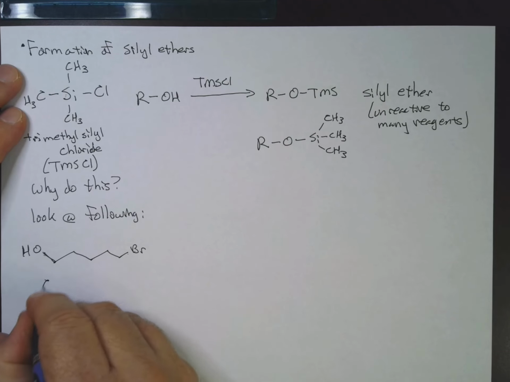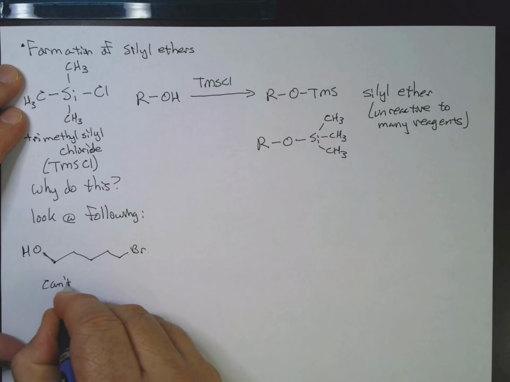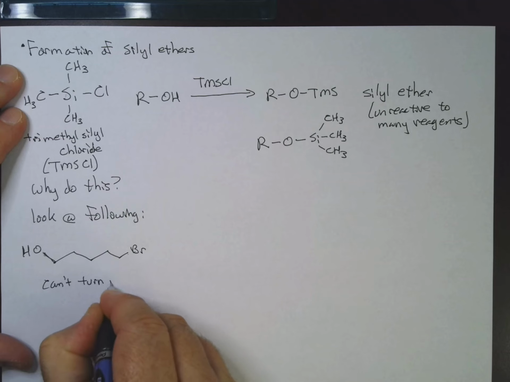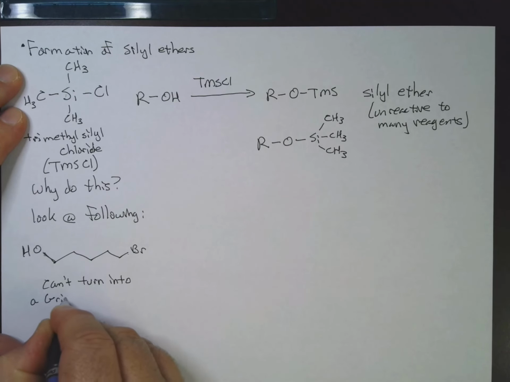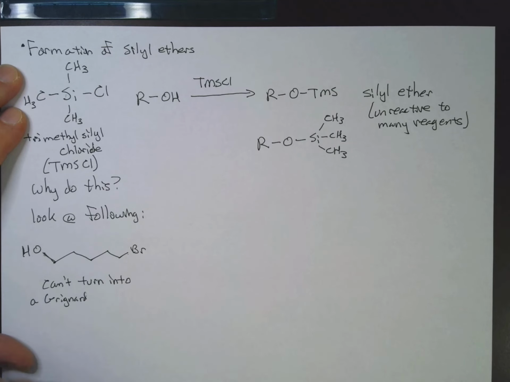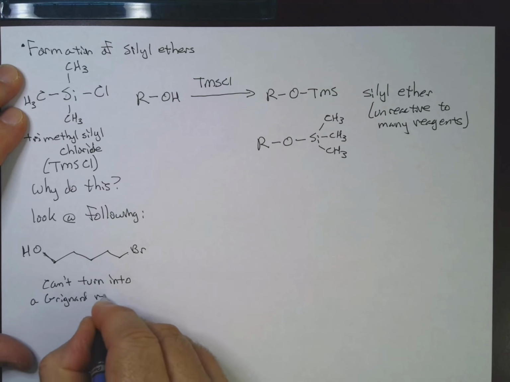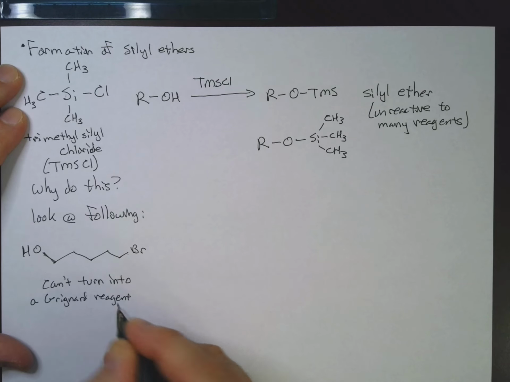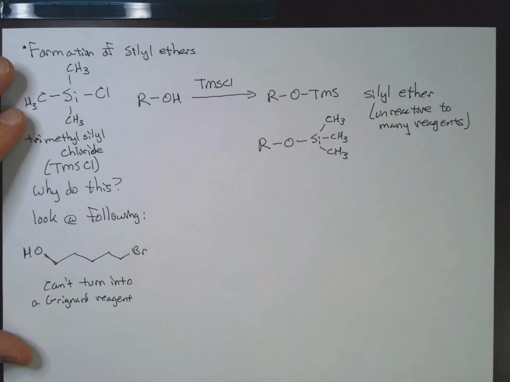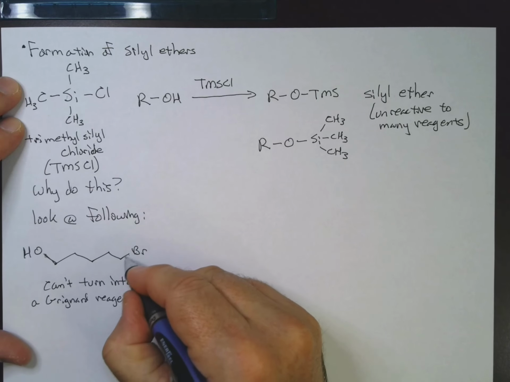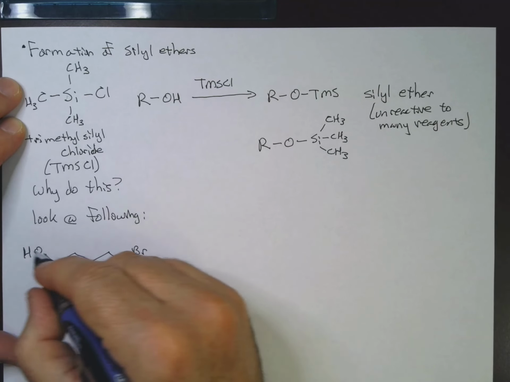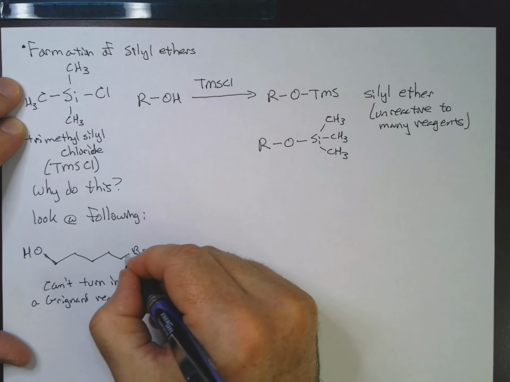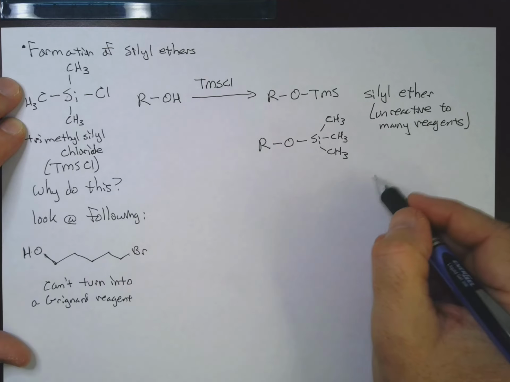Now we can't make this into a Grignard as is. Why not? Think about that for a minute while I'm writing here. You can even pause and think about it some more. All right, now that you've thought about it, hopefully you've realized that if you make the Grignard, one molecule of this will actually react with another molecule. So the Grignard end, the MgBr end, would just pull off the hydrogen from our alcohol.